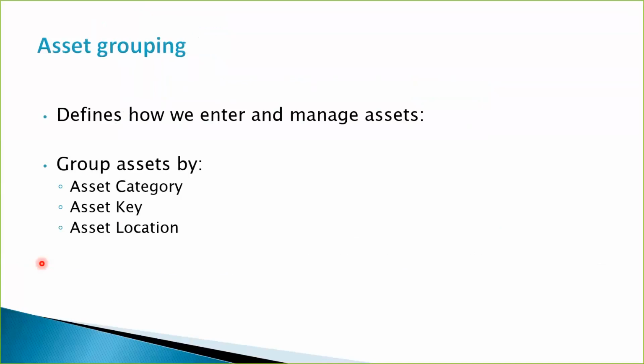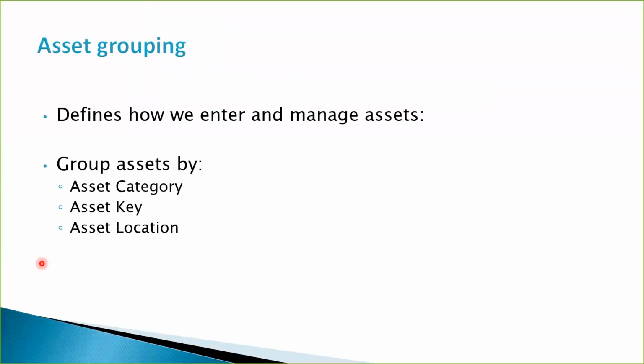So we already know quite a bit about FA module. We talked about the books in our previous session, and that we enter assets in our corporate books, okay? And we can also copy those assets to our tax books, okay? Now, when we are entering assets in our books, there are various ways which we can group these assets, okay?